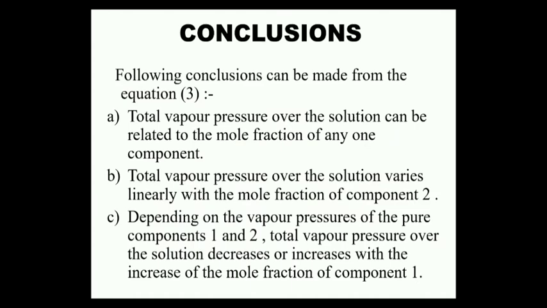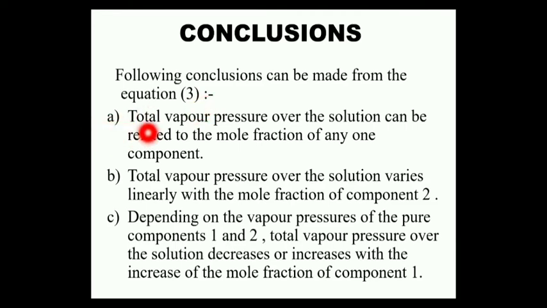Now from equation 3 we are getting three conclusions. The following conclusions can be made from equation 3, that is P total is equal to P1 naught plus (P2 naught minus P1 naught) into X2.